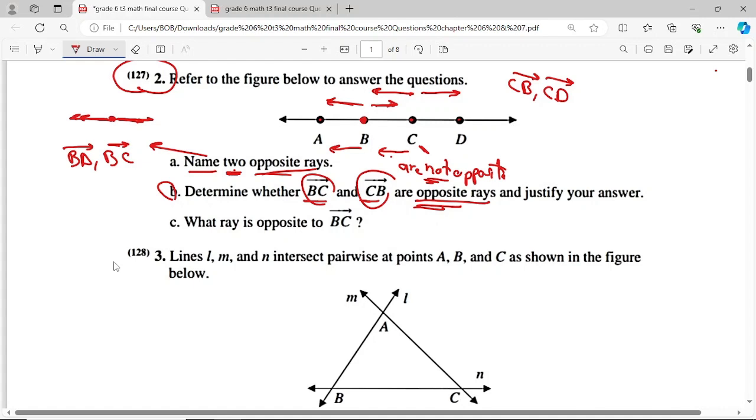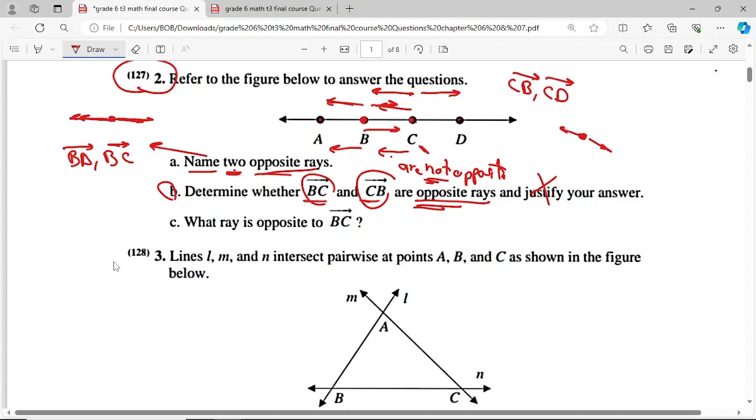Because they are not sharing the same endpoint. BC and CB don't have a shared endpoint, and opposite rays have to share an endpoint and go in opposite directions. So this is a wrong answer.